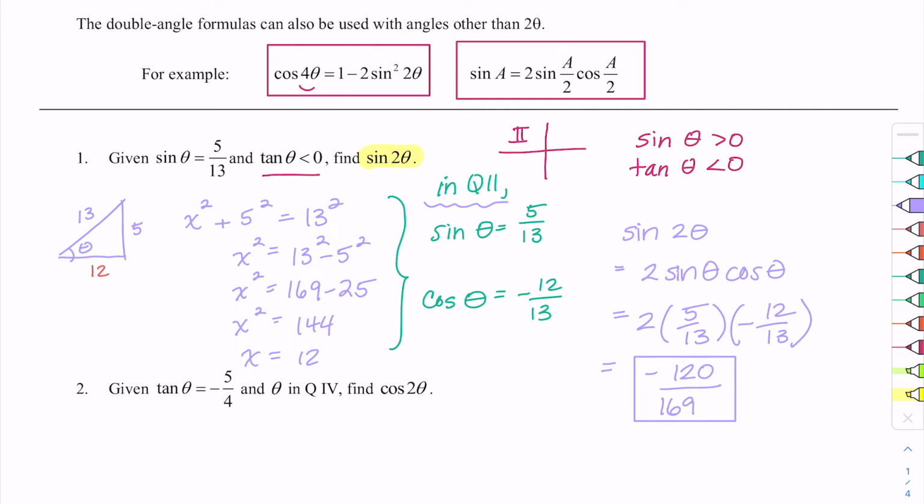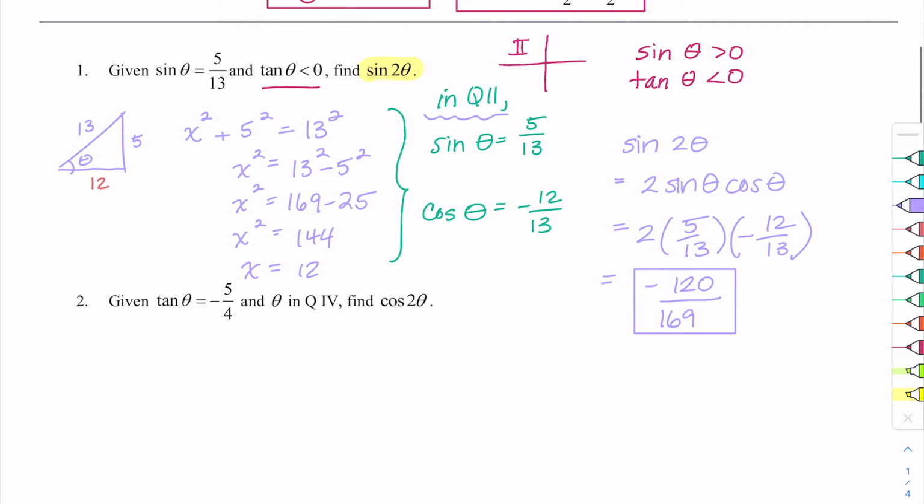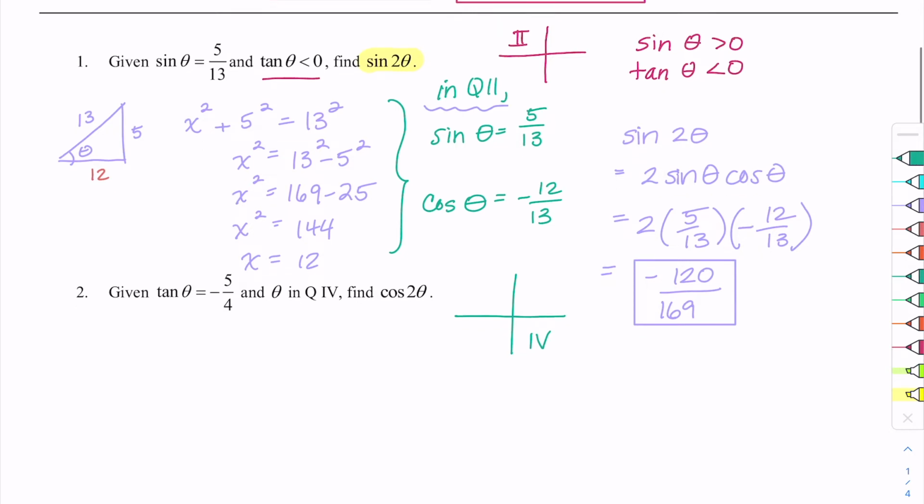Okay. Looking at number 2, given that the tangent of theta is negative 5/4 and theta is in quadrant 4. So taking a look at this, if theta is in quadrant 4, that will help us draw our triangle.